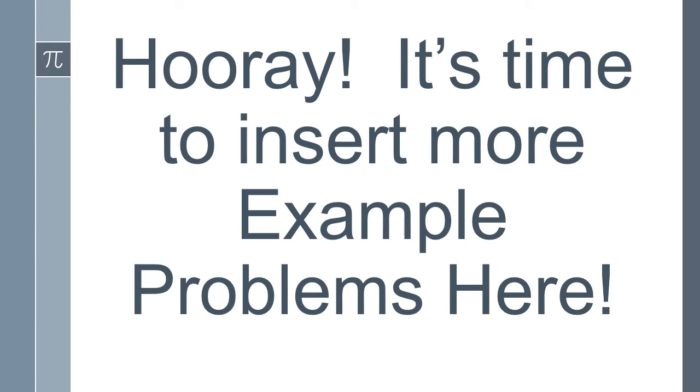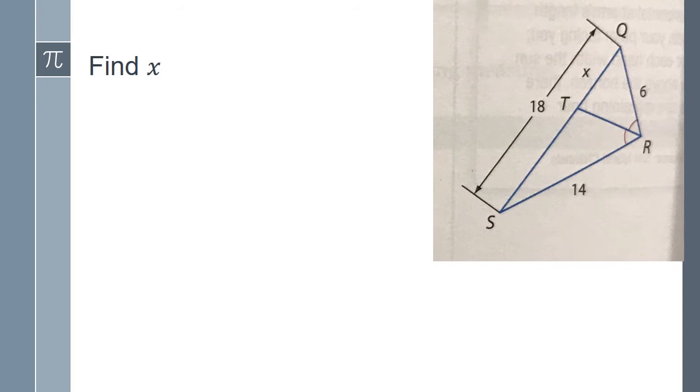Hooray! It's time to insert more example problems here. So find x. Well, in this problem, you're going to have to do a little bit of thinking. I know that the relationship between these two is identical to the relationship between these two.